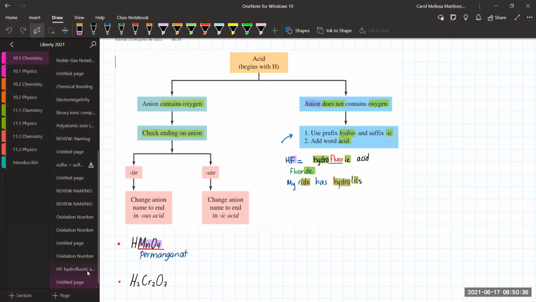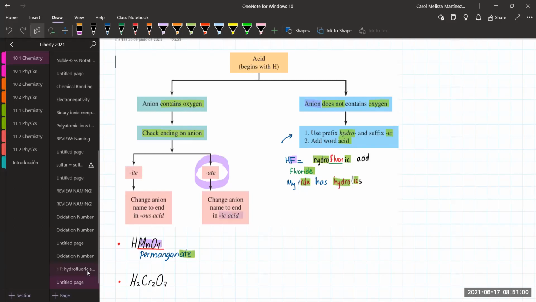And we need to see the ending, just the ending. The ending of permanganate is ATE. So the procedure that we need to follow is the one that indicates ATE. ATE says that I need to replace the ending by ic acid.